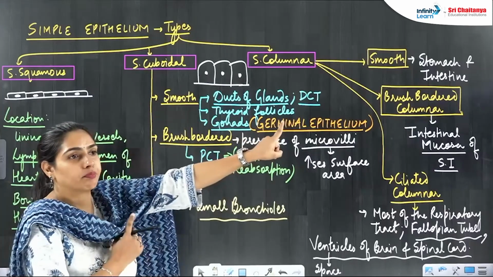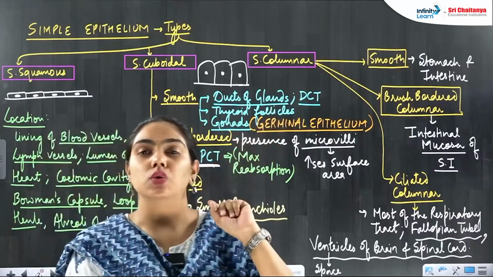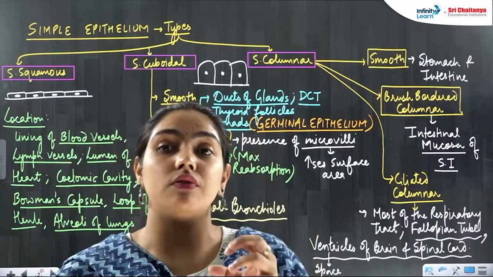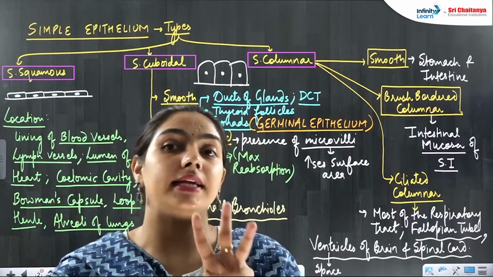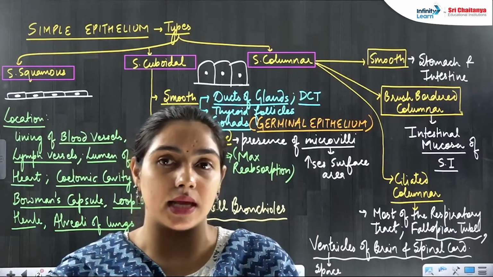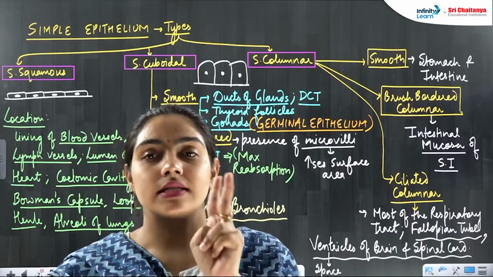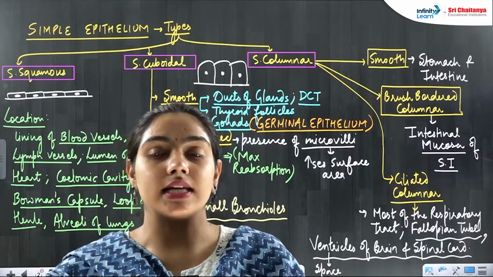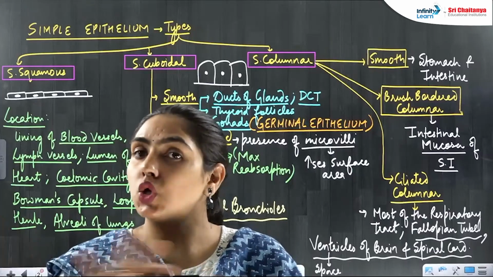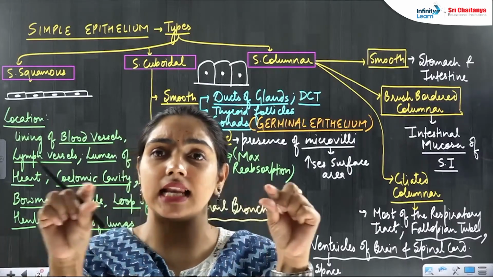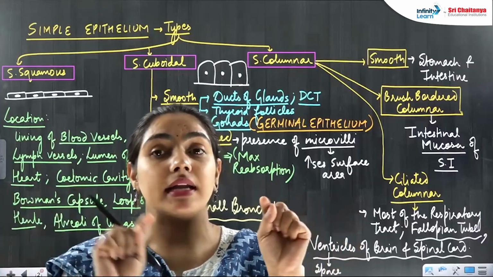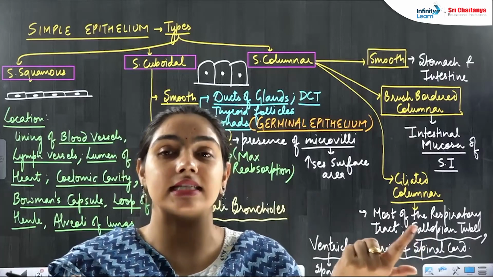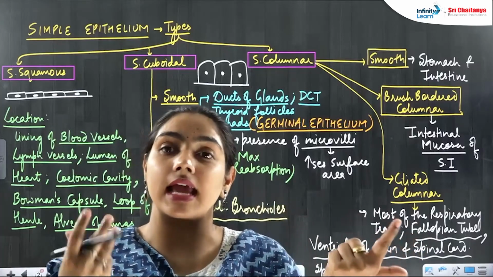So I hope today I was able to tell you the locations of these three main types of simple epithelium: simple squamous, simple cuboidal and simple columnar. You will see that in squamous no modification will be present because the cell is very thin and flat. But in the case of cuboidal and columnar cells, modifications like cilia and microvilli can be present.